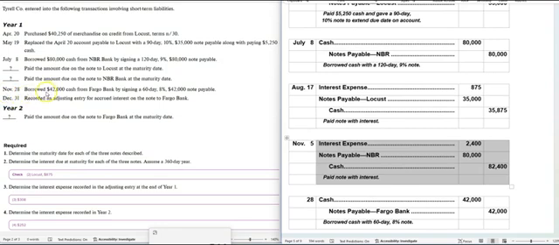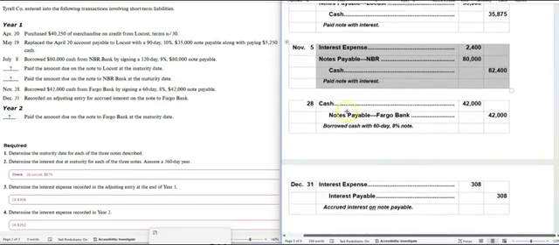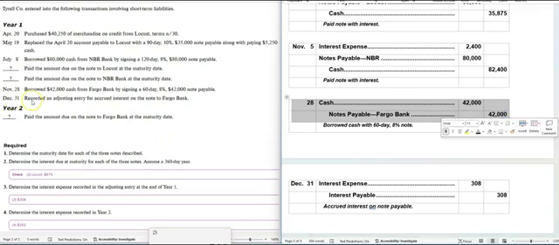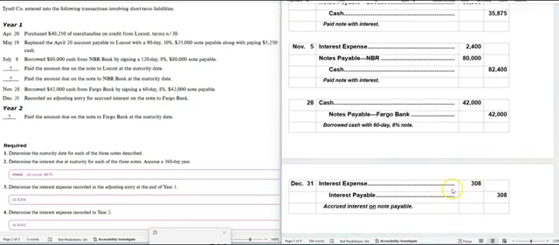November 28th, we borrowed $42,000 cash from Fargo Bank by signing this $42,000 note payable. Borrowed more cash on November 28th, debit cash to increase it, credit notes payable to increase it. December 31st, 33 days have passed since we signed that note, which means 33 days worth of interest have been accumulated or accrued.